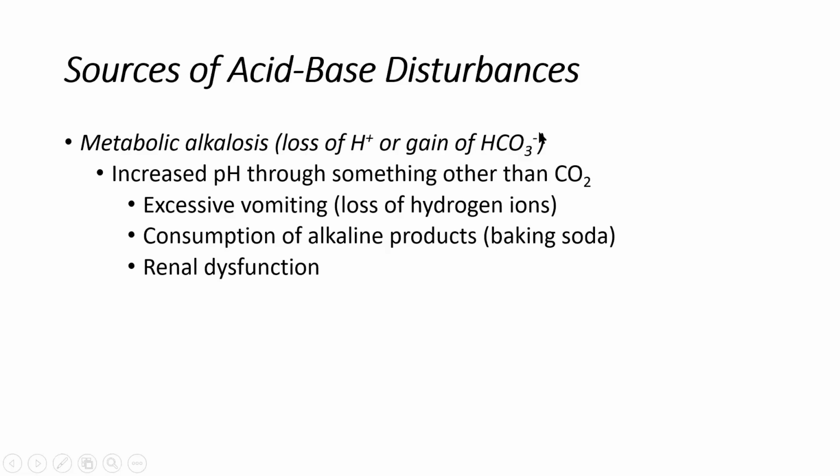If you have an increase in this function, or hyperfunction, of the kidneys, you can lose excess hydrogen ions if they're secreting too many hydrogen ions, or if you're reabsorbing too many bicarbonate ions, that can also contribute to metabolic alkalosis. So really, renal hyperfunction would more correctly contribute to this metabolic alkalosis.